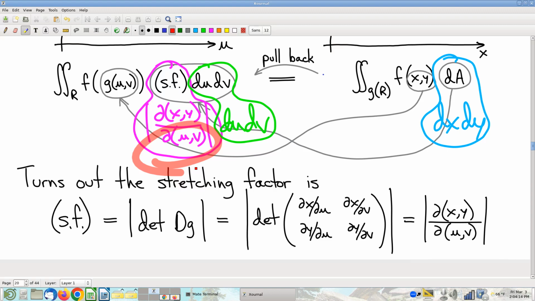It's not literally du dv, but you can see the u and the v both there, and you have this temptation, you kind of want to cancel those. Of course you can't. It's a major math crime. After all, don't forget this thing that I've written as a fraction, it's not a fraction. It's a determinant. So there is no cancellation. This is just a kind of memory tool or a satisfaction thing.